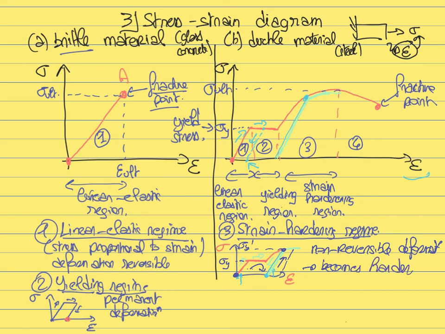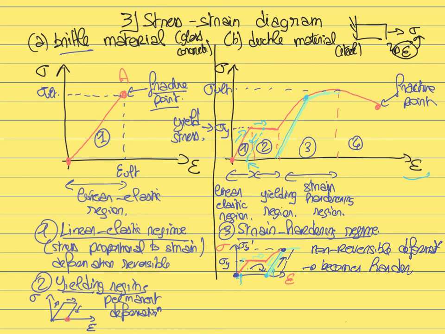So this is why this regime is called strain hardening, because due to this deformation, the material now becomes harder than what it used to be. It's able to reach higher strain without showing any plastic deformation after it has been permanently deformed a first time. So this is why it's called the strain hardening regime.